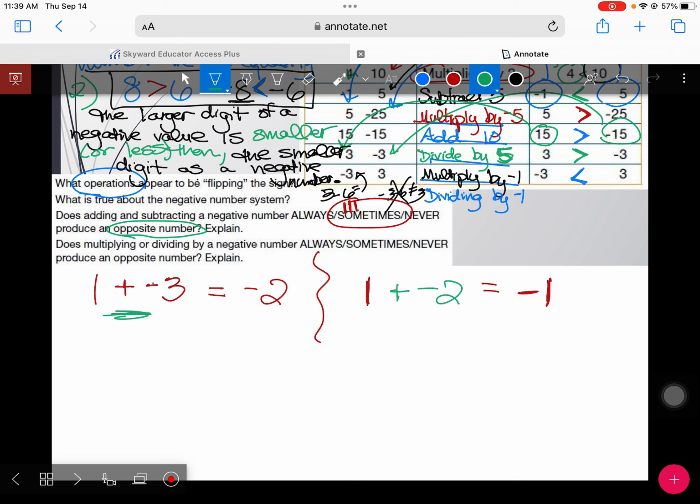Does multiplying or dividing by a negative number always, sometimes, or never produce an opposite number? Okay, so let's check with multiplying. So say -1 times 1 gives me +1. And can you give me something else?